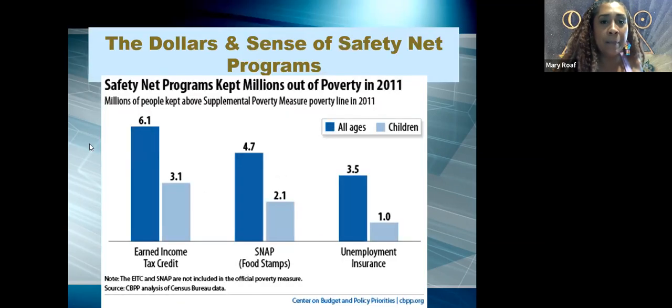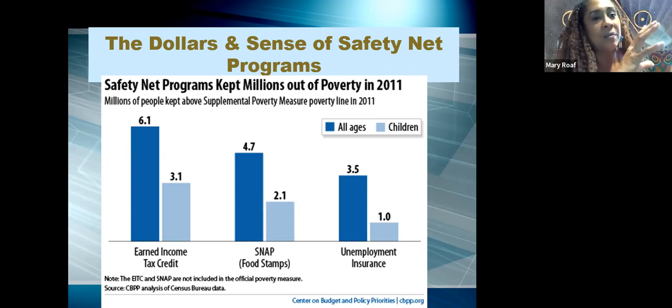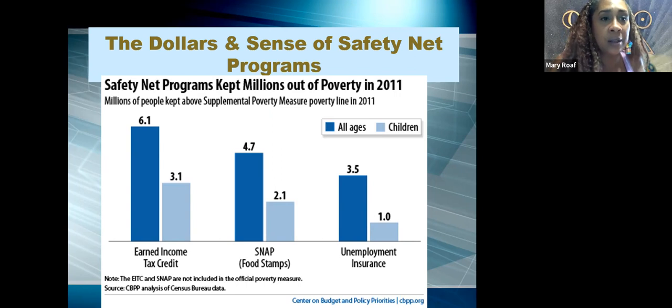Another example, in addition to Head Start, is looking at anti-poverty programs such as the Earned Income Tax Credit for children, SNAP, the Supplemental Nutritional Assistance Program, and unemployment insurance, which we actually pay for. It comes out of our paychecks. In the case that someone is laid off or fired, those are the two primary ways of being eligible to collect unemployment.